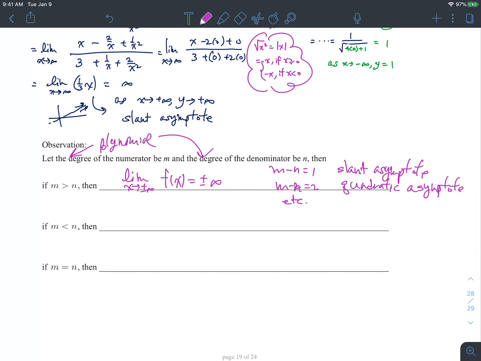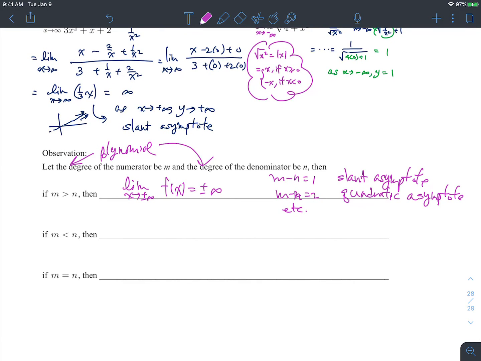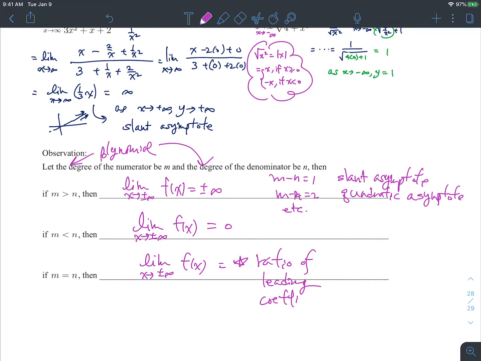If the numerator is smaller, if the denominator is bigger, we learned what? If you could go back and look at the example that we did, and you could sort of generalize that, in that case, the limit as x goes to positive or negative infinity of f of x will go to 0. And if they're the same, then this right here, star, will be the ratio of leading coefficients.